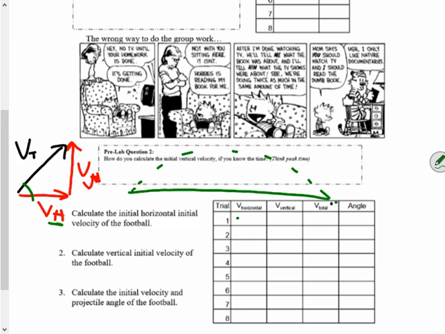And the vertical part is, as always, if you have something that went up and went back down vertically, that was a pop fly. So vertically, we're just going to take the total time and divide that in half. So first thing is you're going to have to do the total time divided by 2.